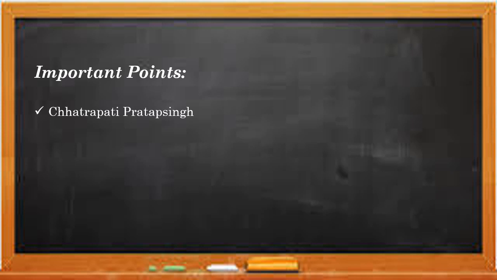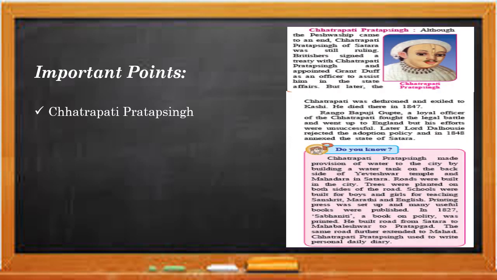So these are some of the important points of the first part which Ankita teacher has discussed with you. In this chapter, we will study the effects of British rule over India. In this first part, we have covered the establishment of the East India Company, the British and the Marathas. Under this, we have seen the entry of the Britishers, then the first, second and third wars between the Britishers and the Marathas.